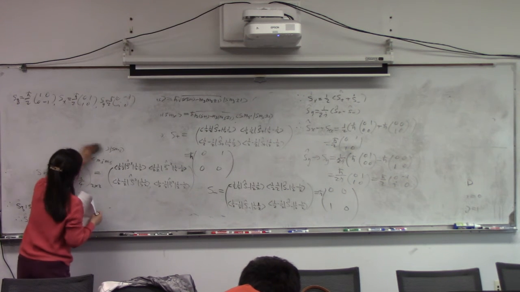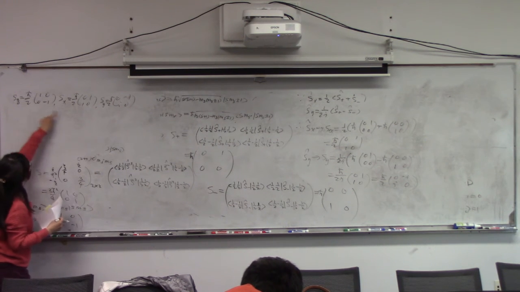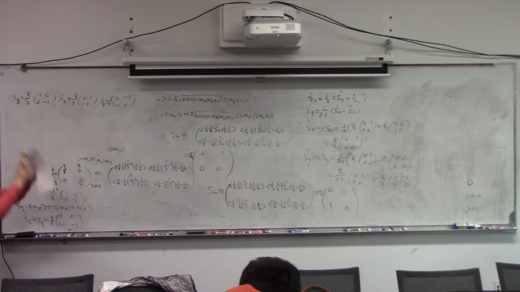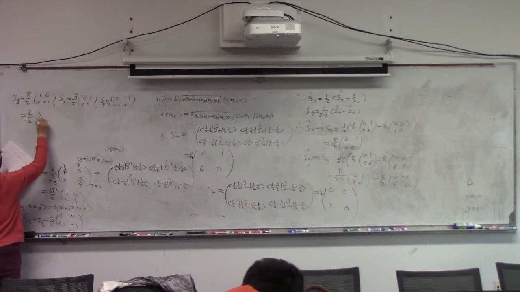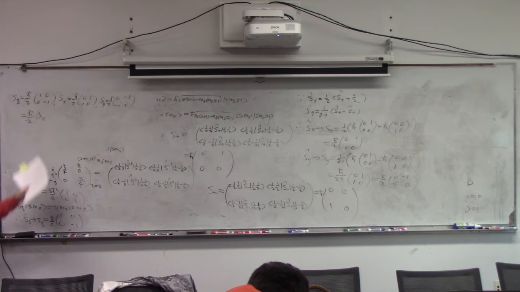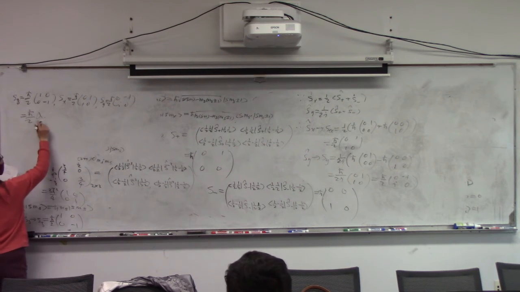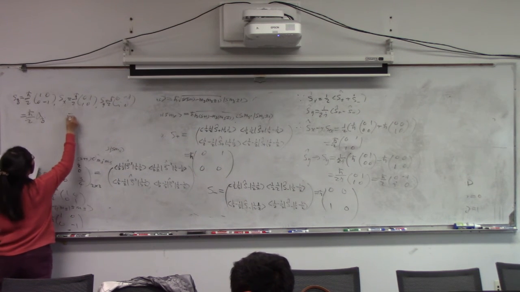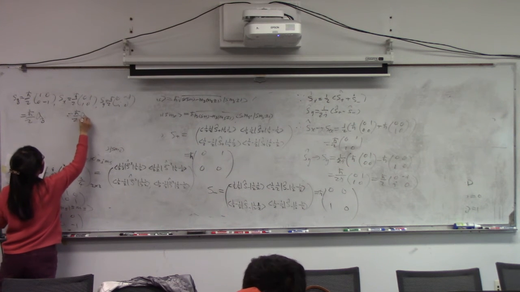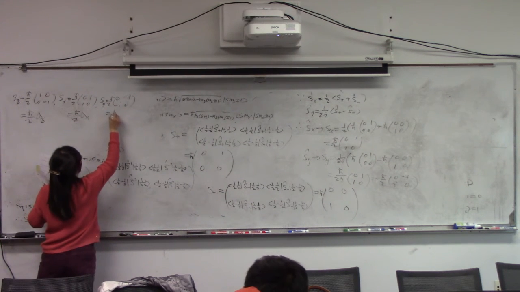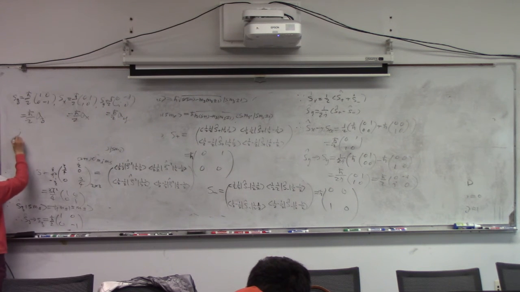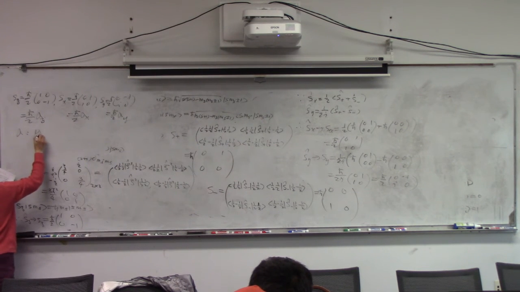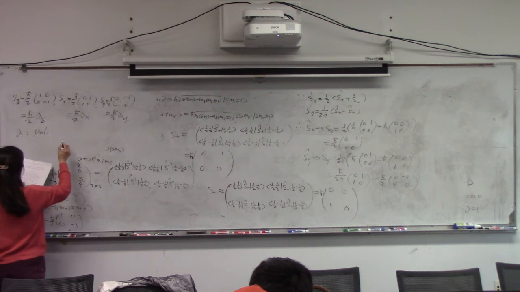All have the same constant, half h bar. The only difference is the matrix. So I'm going to write down here, I'm going to introduce the Pauli matrix. This one is sigma z, this one is sigma x, and this one is sigma y. So I introduce sigma as a Pauli matrix.